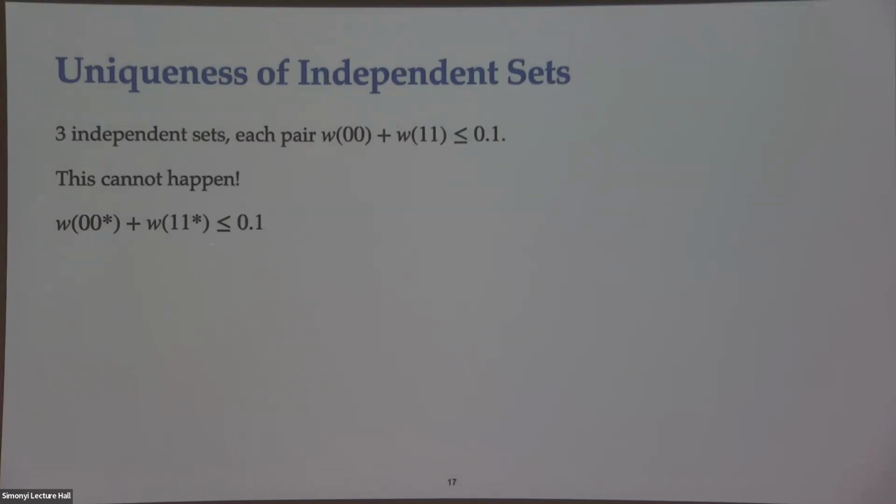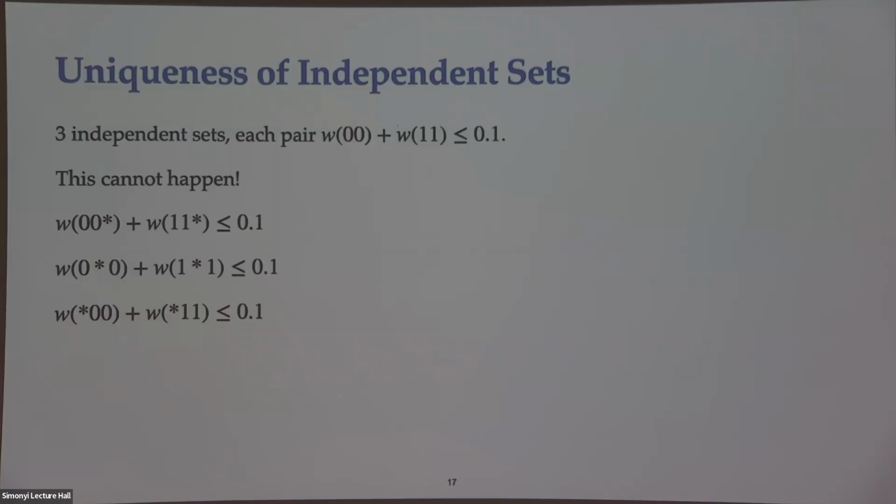So you have 3 coordinates, one for each independent set. The star means you don't care about this one, you ignore the third one. So if you look at the first 2, you have this inequality. You look at 1 and 3, ignoring the second one, same thing. Same thing for second and third. Now you just sum them up. On the right-hand side, you get 0.3.